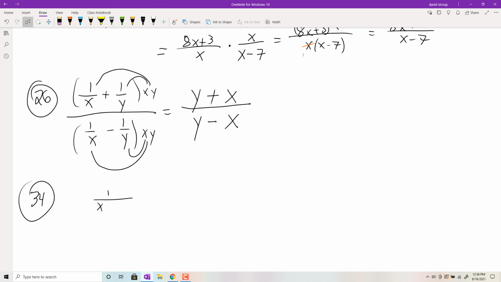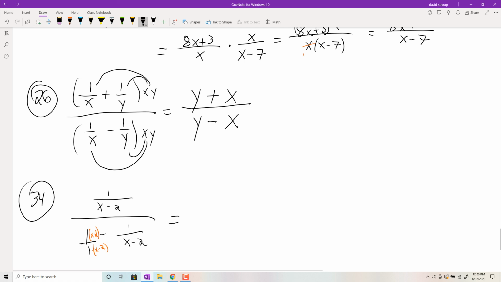34, let's look at one of these. 1 all over x minus 2, all over 1 minus 1 over x minus 2. Okay, I'll do the other method this time. So in the denominator, I'll rewrite 1 as 1 over 1, and it's missing a factor of x minus 2 in the denominator. So top and bottom by x minus 2.